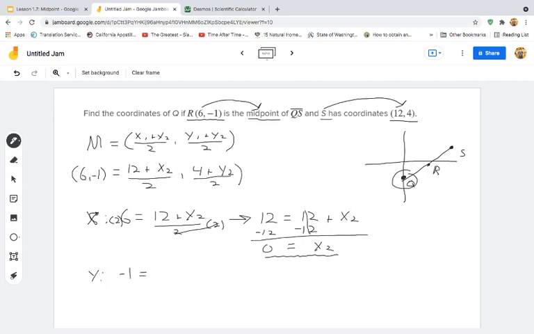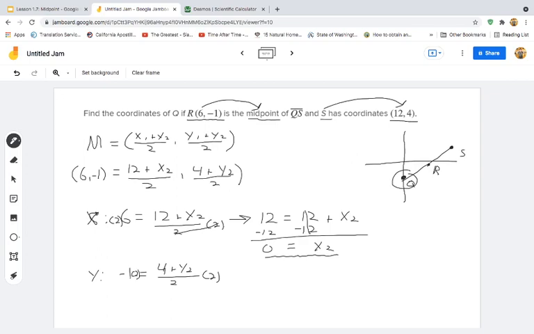The y component of the right side of the equation is going to be this part with y2. So 4 plus y2 over 2. Okay, and just like with the x stuff, we want to get y2 by itself, so we will start by multiplying both sides by 2.